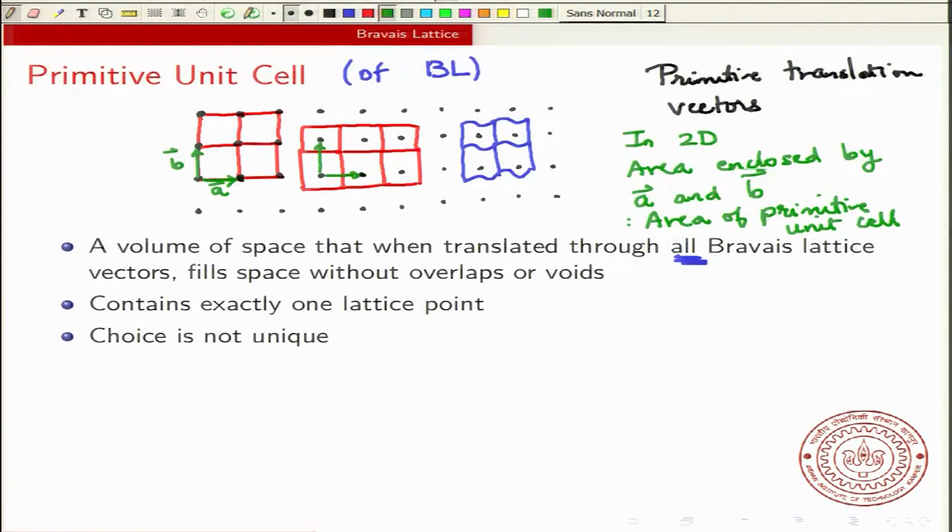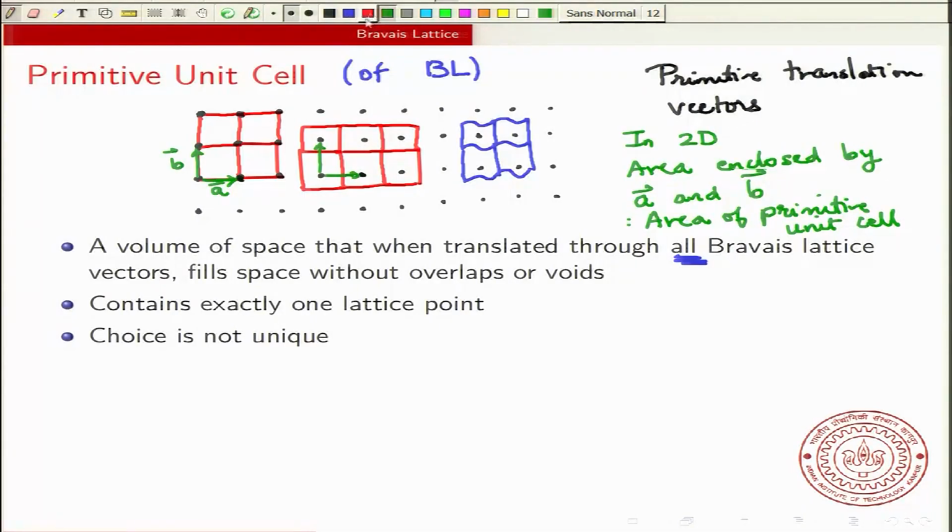So, the area of the primitive unit cell will be given by the area enclosed by these special translation vectors. Now these are not arbitrary lattice translation vectors, these are some specific translation vectors, which help you define the area of the primitive unit cell.